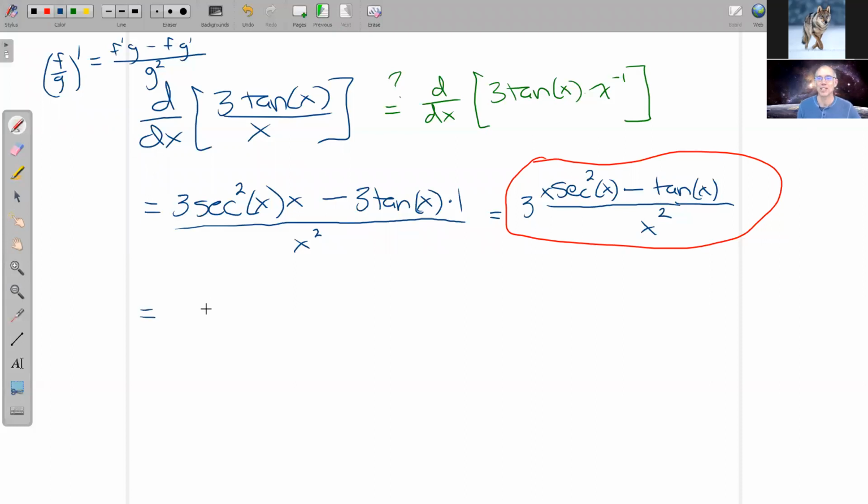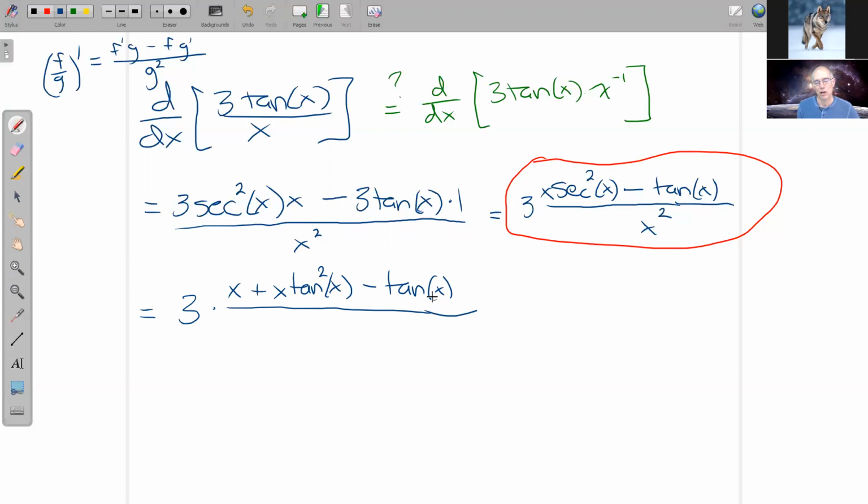Someone's paying for it. So the 3 is just out front, times my fraction, and then I'm replacing the secant squared with a 1 plus tangent squared, and then I have to multiply it through the x with that. So that would be, instead of a 1, I'd have 1 times x plus x times tangent squared minus the tangent.